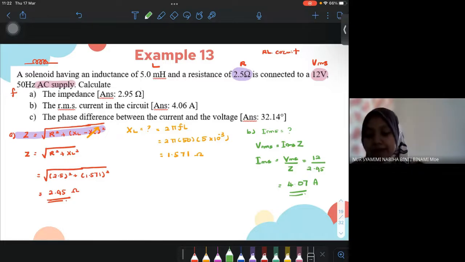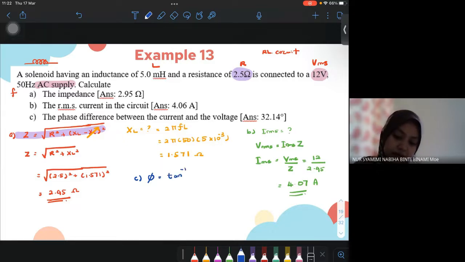Alright. And C, the phase difference between the current and the voltage. So how you want to calculate phase difference? Phase shift, tangent XL over R. Okay.